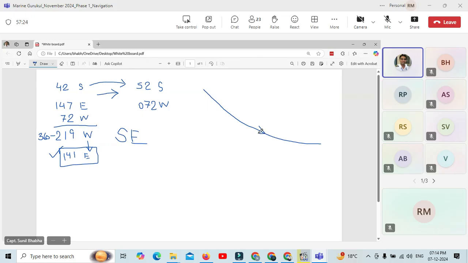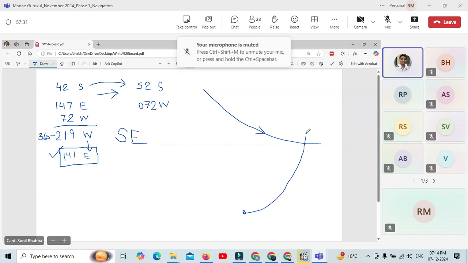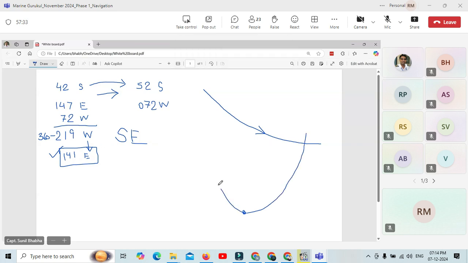This is my starting position A. This is my destination B. This is the pole, and I'm going in the southeasterly direction. Latitude is going southwards, and as far as longitude is concerned, we are moving eastwards. This is how the diagram will be.